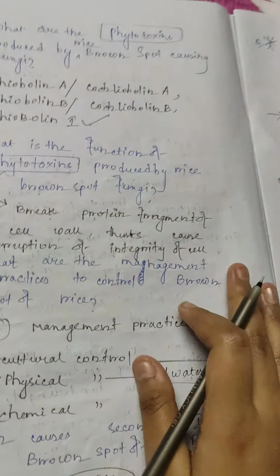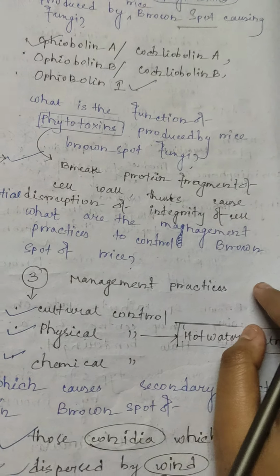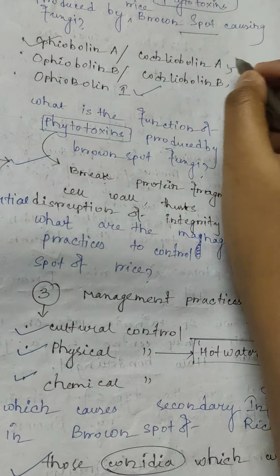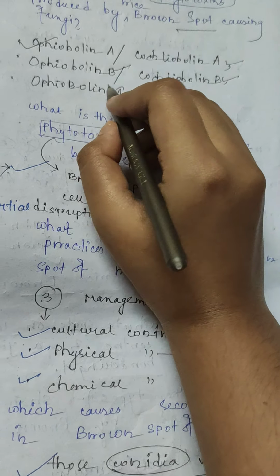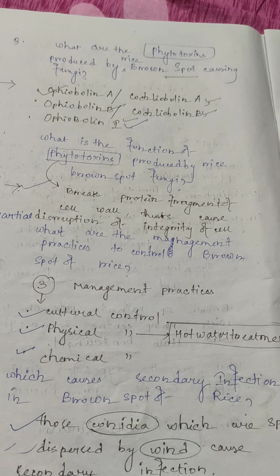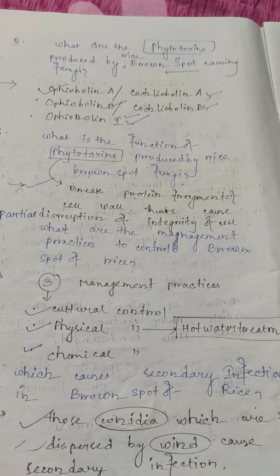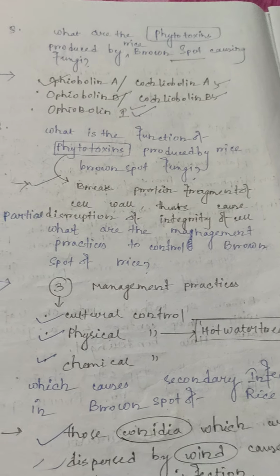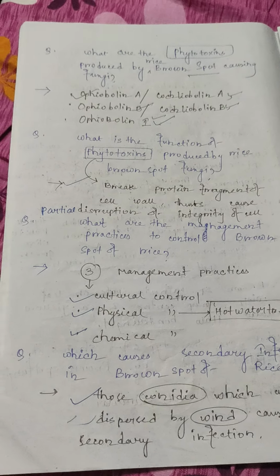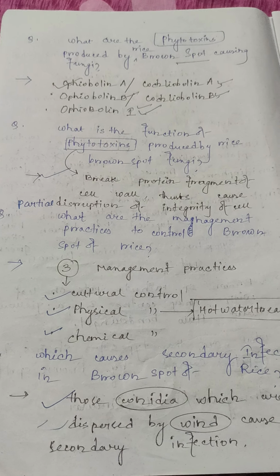What are the phytotoxins produced by the rice brown spot fungus? Three types of phytotoxins can be produced by Helminthosporium oryzae. First is ophiobolin A or cochliobolin A, same name. Ophiobolin B or cochliobolin B, same.